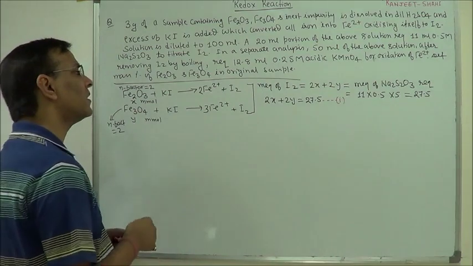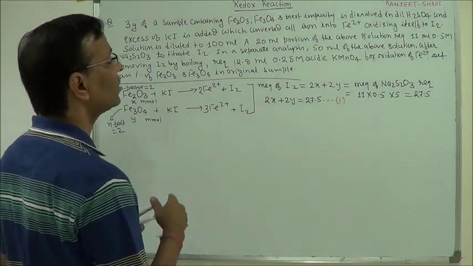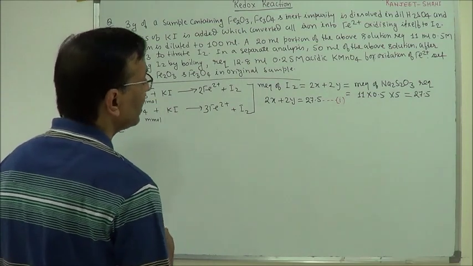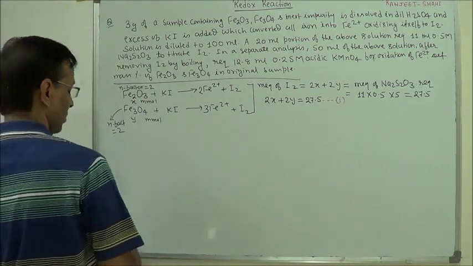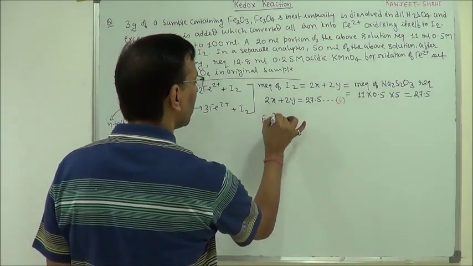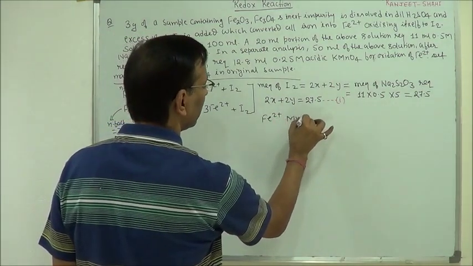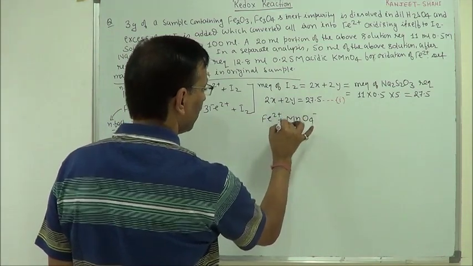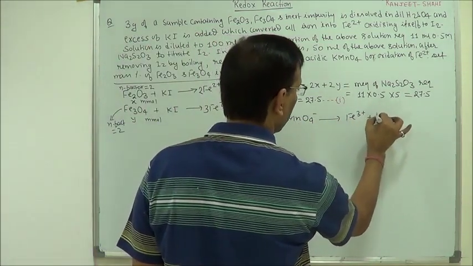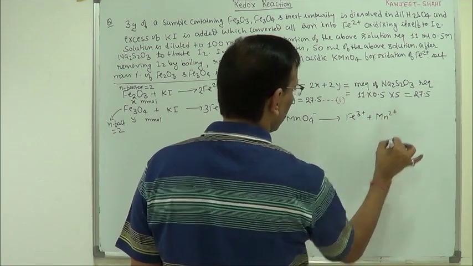In the second analysis, we are estimating ferrous ion, and ferrous ion will react with permanganate by this reaction, where ferrous will be converted to ferric, and manganese will be reduced to Mn2+.